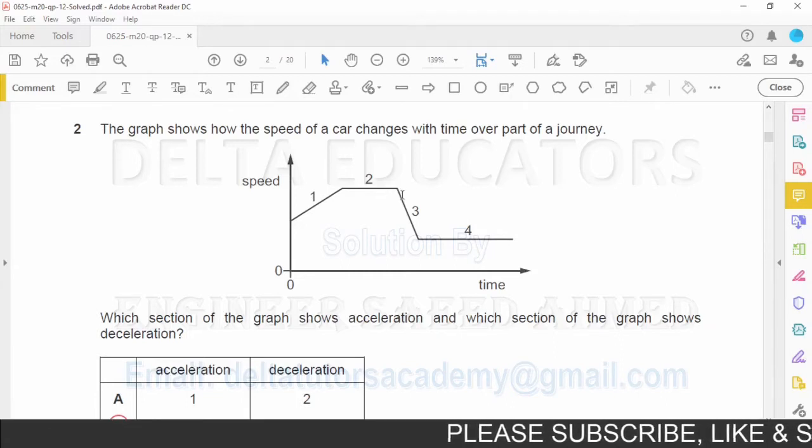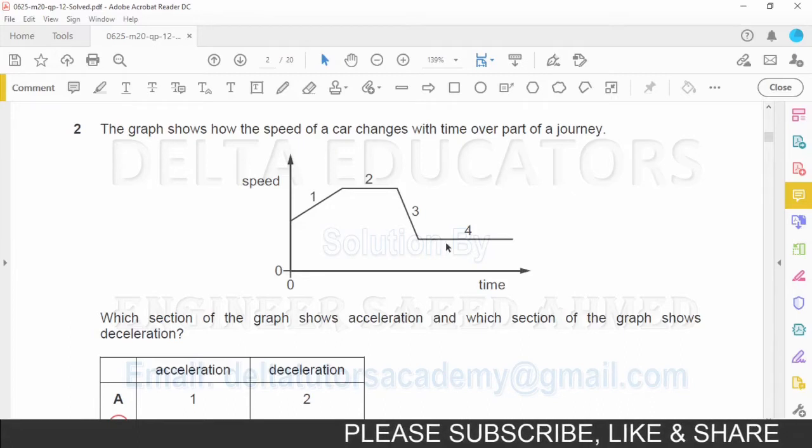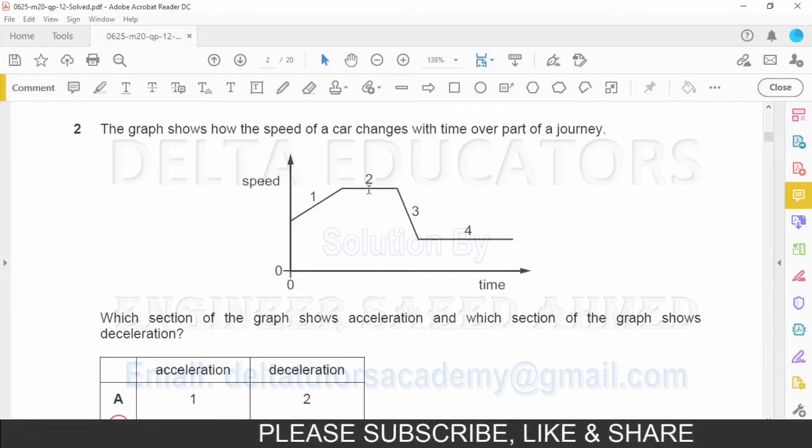In 3 we are looking that gradient is decreasing. Since here gradient is decreasing, so here we have negative acceleration, or we can say it is retardation or deceleration. Now in 4 again this gradient is parallel to x-axis, so here acceleration is 0. So in 1 there is acceleration, in 2 acceleration is 0, in 3 there is deceleration, in 4 there is no acceleration.